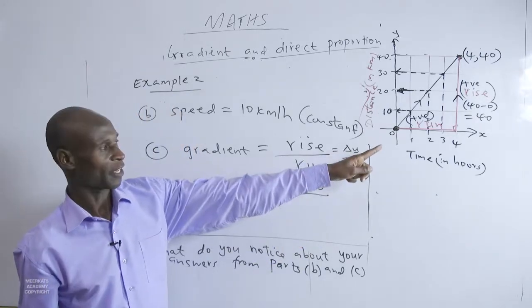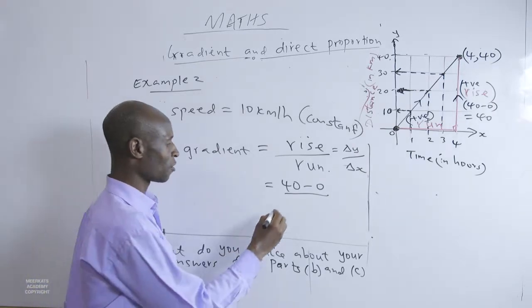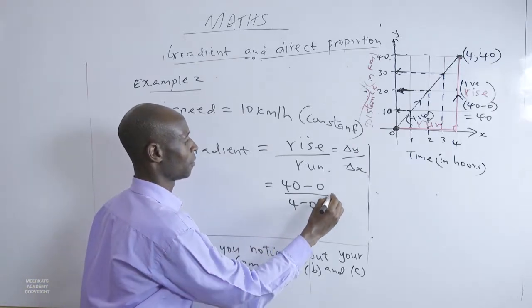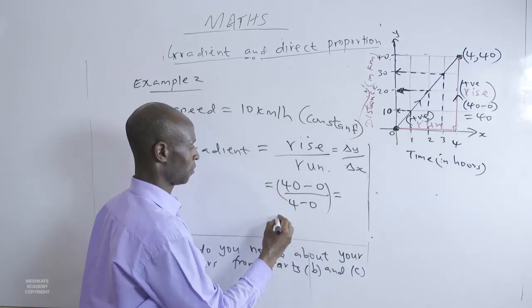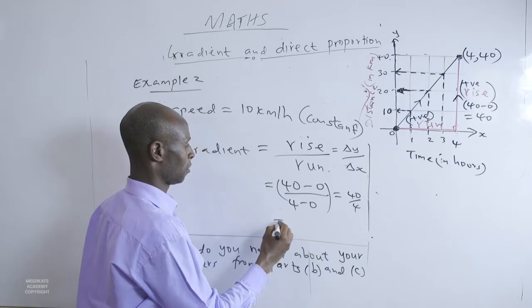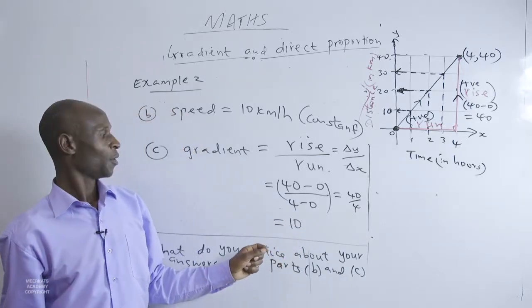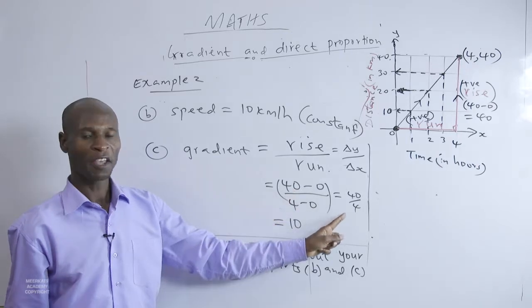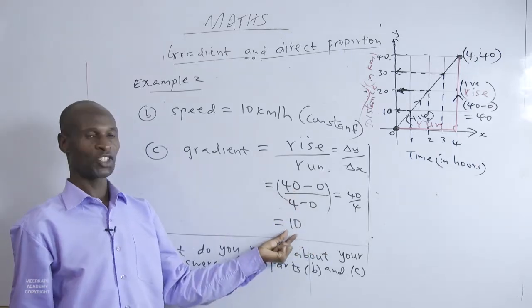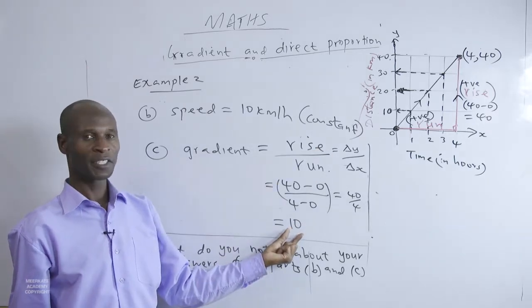Then the change in x will be 4 minus 0. And therefore, we get 40 divided by 4, and the result is 10. So that means the gradient of our graph is 10.